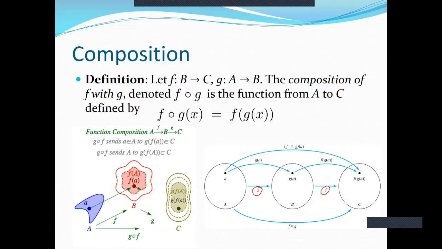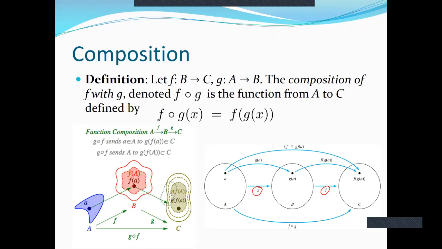All the elements of A are mapped to B and B's elements are mapped to C. So in this scenario, I can directly map the elements of A to C. How? A to B is with the help of G, and B to C with the help of F. I can compute directly, and we call it F of G, f∘g. We use this small circle.